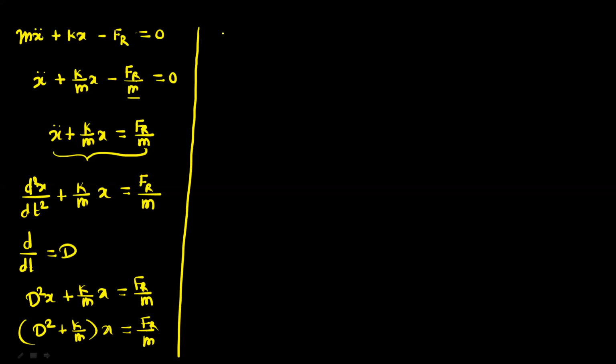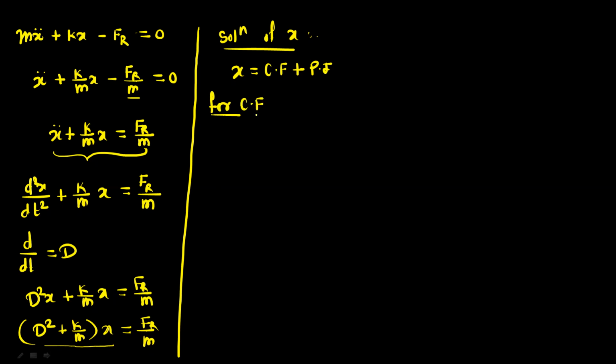Okay, now the solution of x is given by x is equal to the complementary function plus particular integral. The complementary function we can find out by equating this value to 0. So for the complementary function, equate D square plus k by m into x equal to 0.